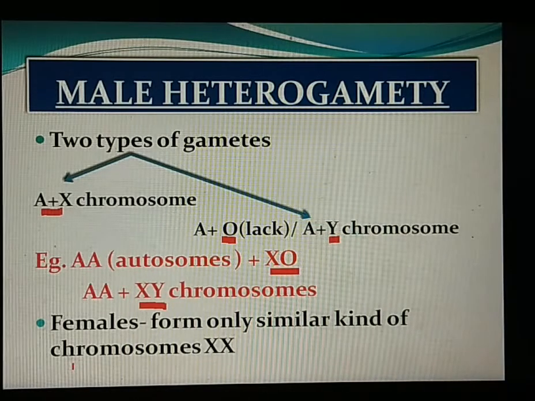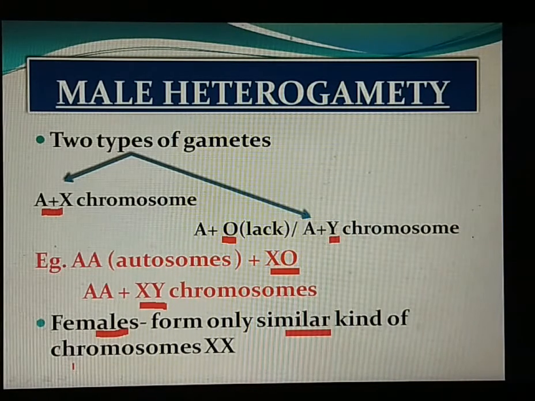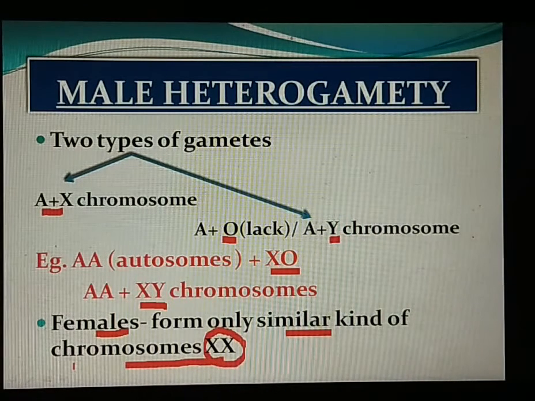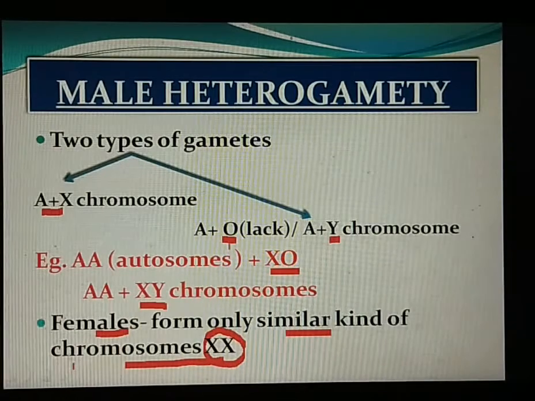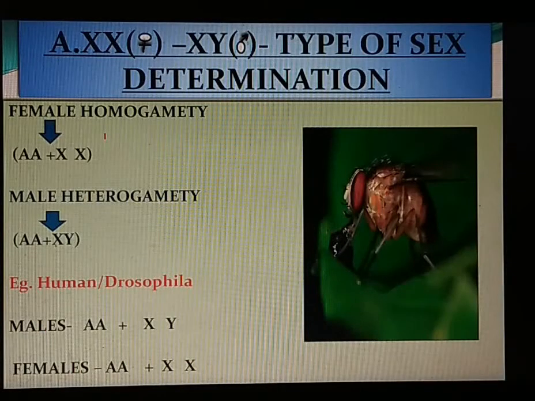In such species, the females will have similar kinds of sex chromosomes, that is XX. This we should remember, whereas males will have different kinds of sex chromosomes. Okay. So the first one of male heterogamety is XX and XY type of sex determination.